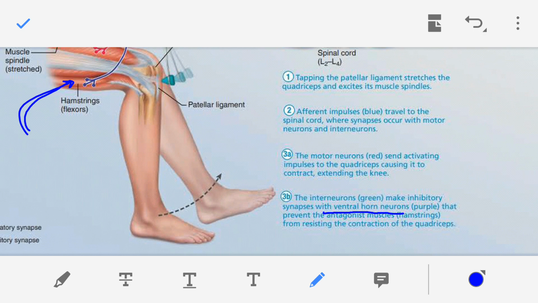As the hamstring muscle relaxes, it does not oppose the contraction of the quadricep muscle, and the patient is able to extend his knee.